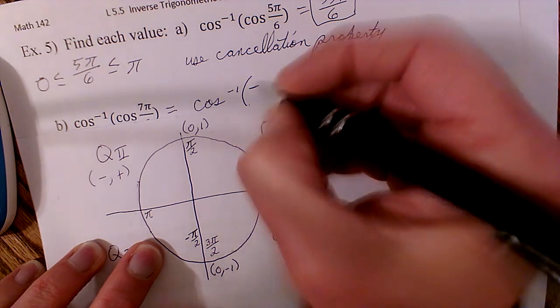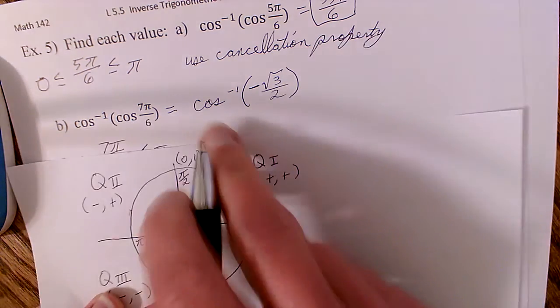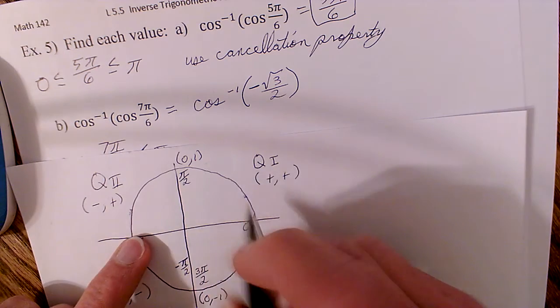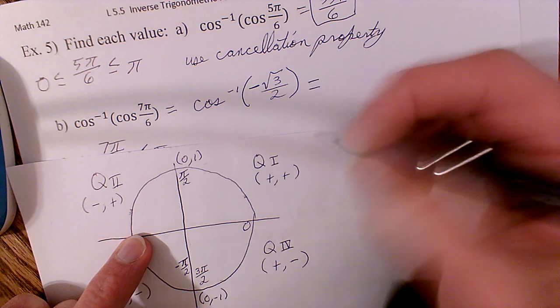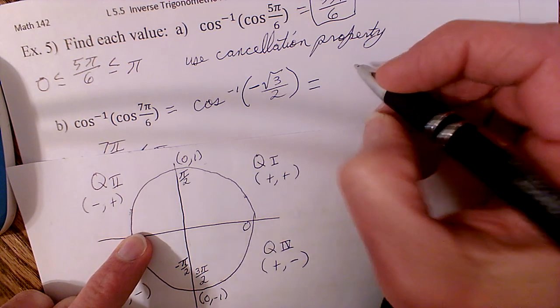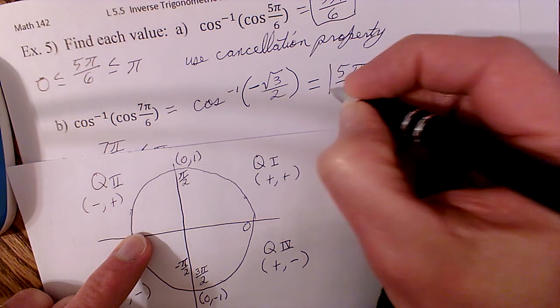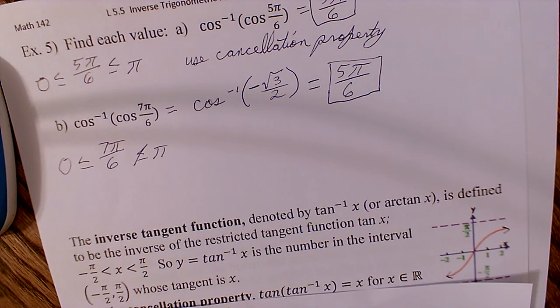So the x value there is going to be negative square root of 3 over 2. So we want to know what angle gave us a cosine of negative square root of 3 over 2. Well, that one's going to come in quadrant 2. And in fact, we already did it on the last page. We said that we get 5 pi over 6 for that one. And so that's the same thing we end up with on this one.